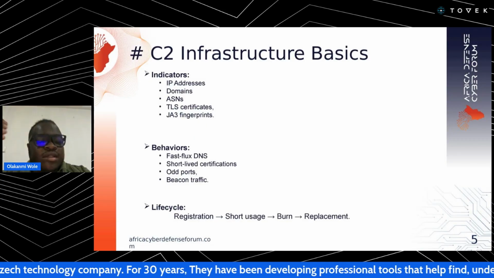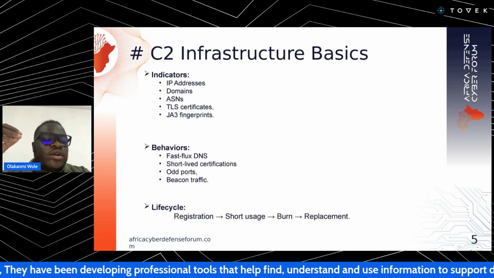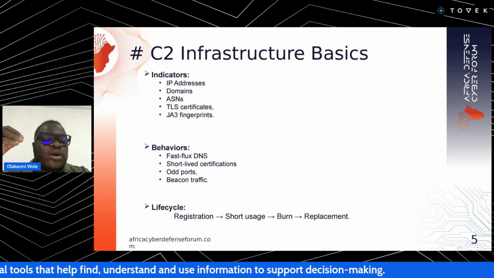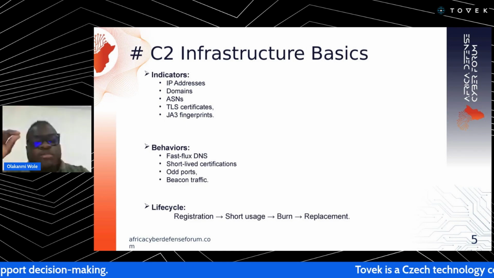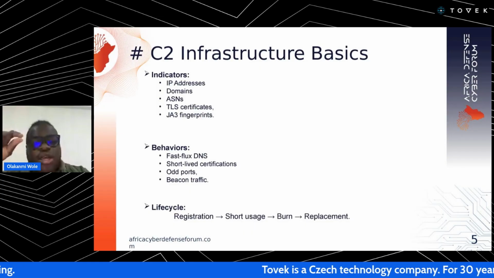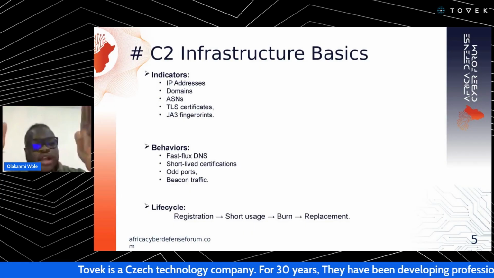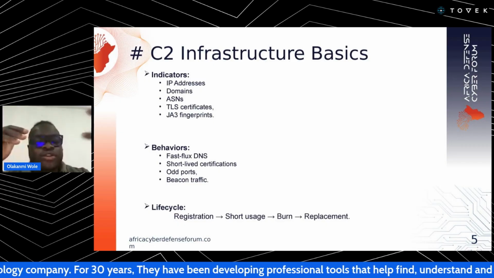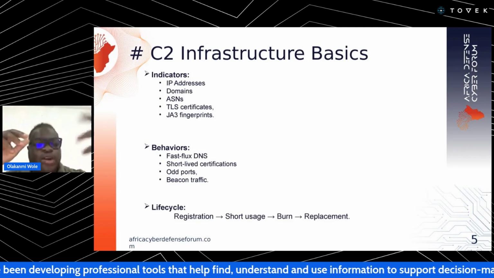These days, we are seeing infrastructures that are properly set up with encryption, SSL and things like that. One thing I want to note is these types of certificates are usually very short-lived, right? Because they are used for an attack, and then most likely the threat actors will burn these domains or infrastructure, and set up another one to carry out another attack.